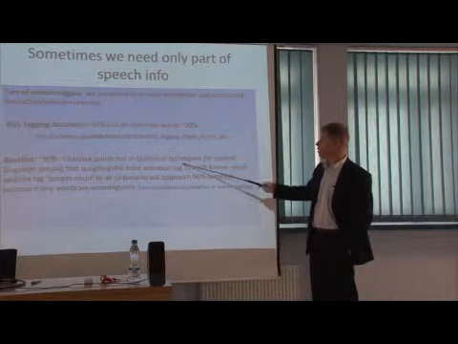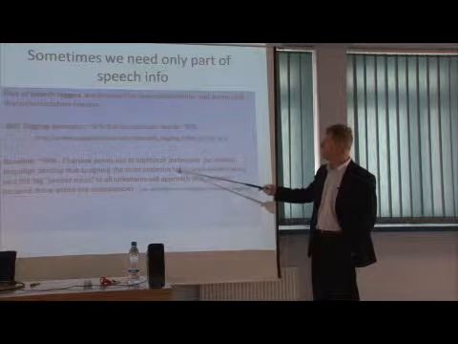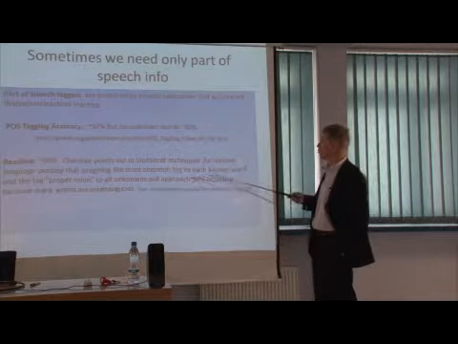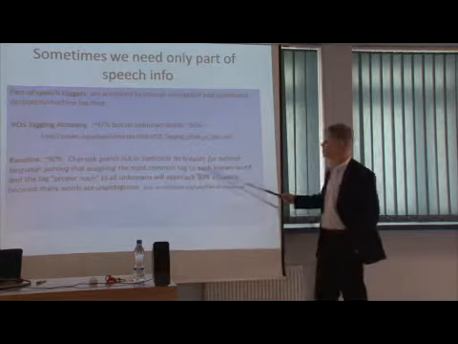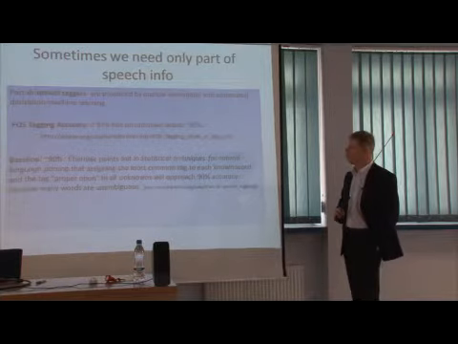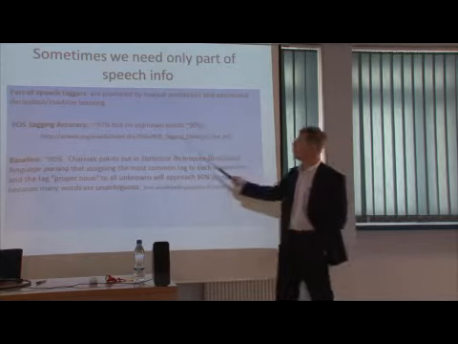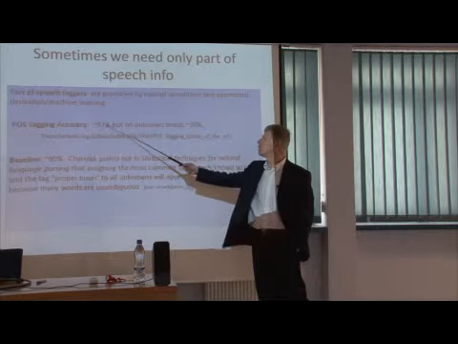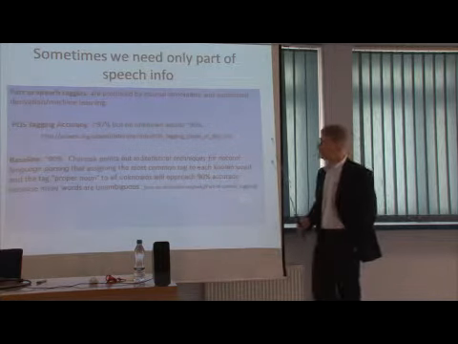A simple method of assigning the most common tag for each known word and a proper noun to all unknown words gives you 90% accuracy. So a very simple rule can give you very high accuracy. The game is really played between 90 and 97%. There is no challenge in getting to 90%.